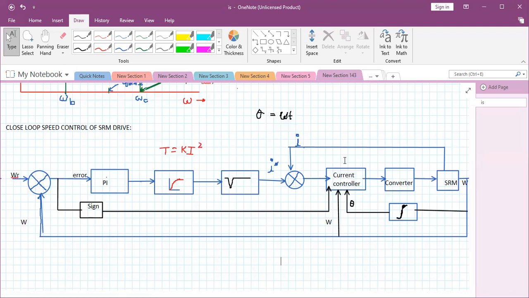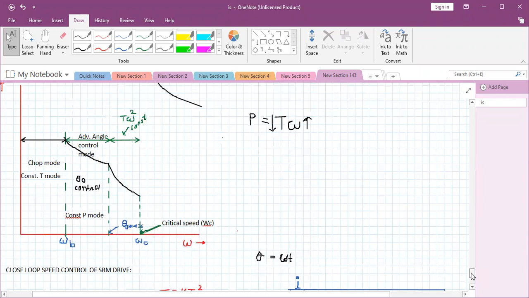Just one question. Yes, one minute, Derek. Kindly scroll back to the graph showing the torque speed characteristics of the SRM. This one?